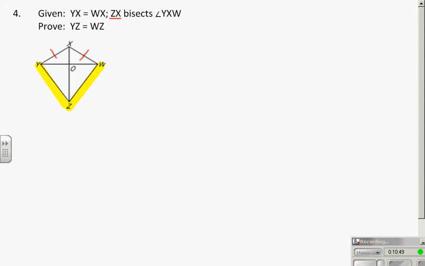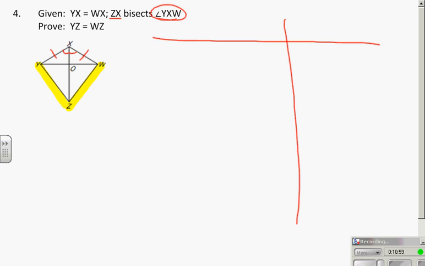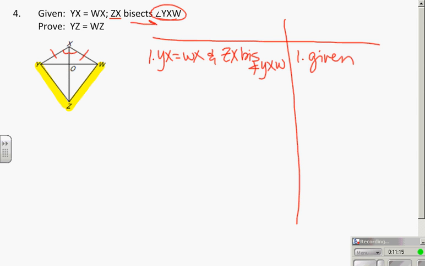Well, what am I given? I'm given that xy is equal to xw and that zx bisects the angle, which is this one and this one. So it looks like I'm going for the halves to get those bottom yellow pieces by CPCTC. So yx is equal to wx, and zx bisects angle yxw.